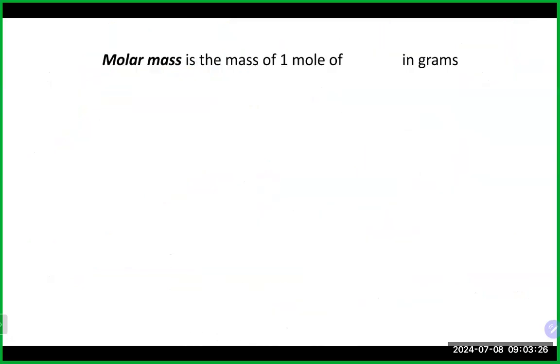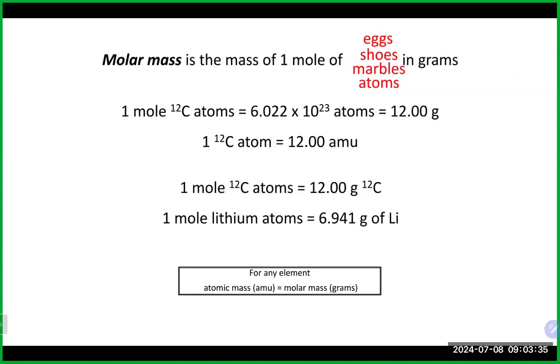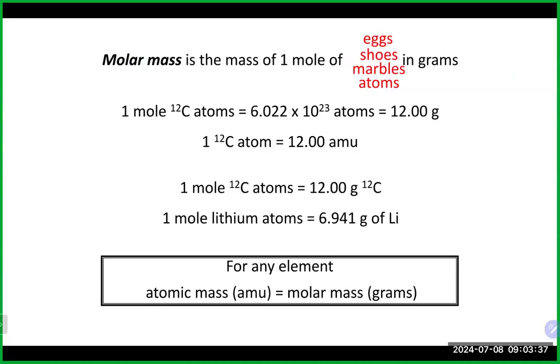Now, in addition to Avogadro's number, probably more used than Avogadro's number and atomic mass is the idea of molar mass. And molar mass, as I mentioned before, is really a more usable unit that we use. We also get it in the exact same location off the periodic table.